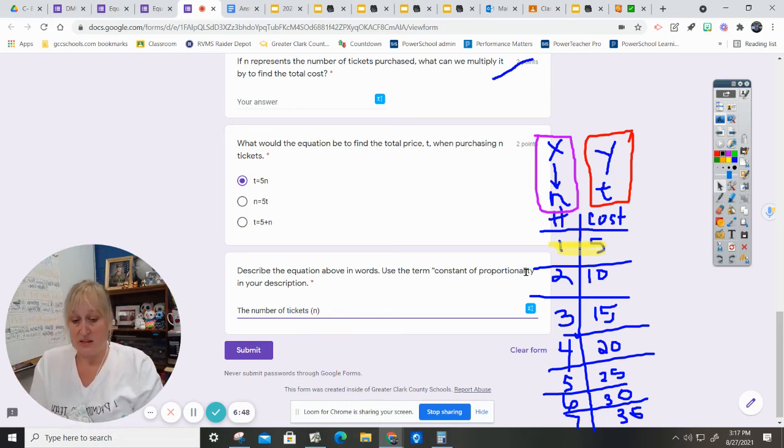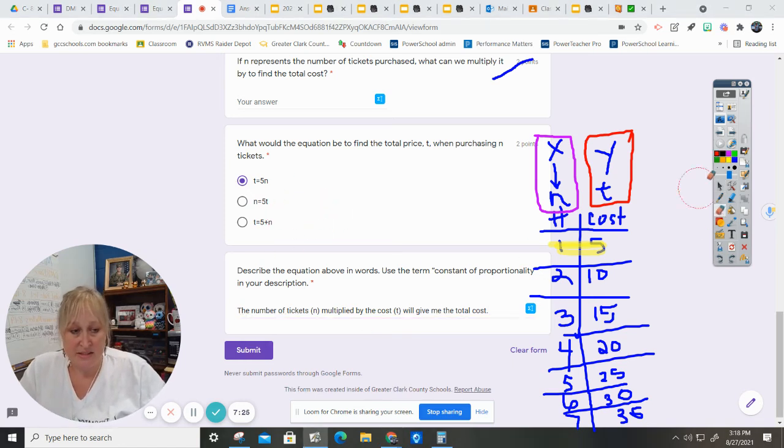Number of tickets N multiplied by the cost, but T, I'm going to call it T, will give me the total cost. Done.